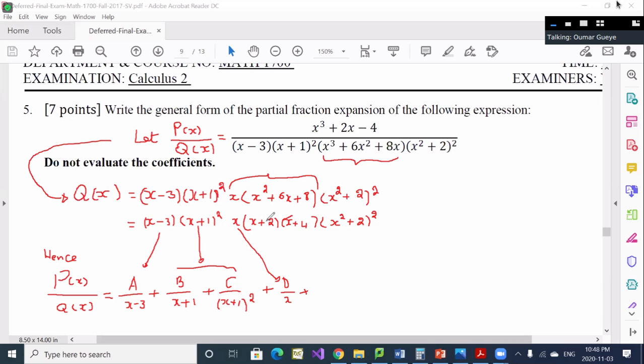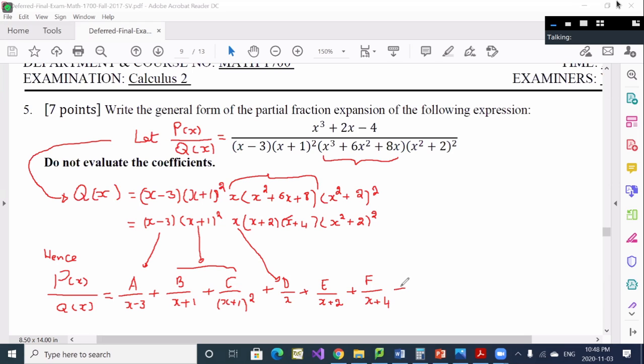So from x plus 2, we'll get just E over x plus 2, plus F over x plus 4, because it's not repeated.